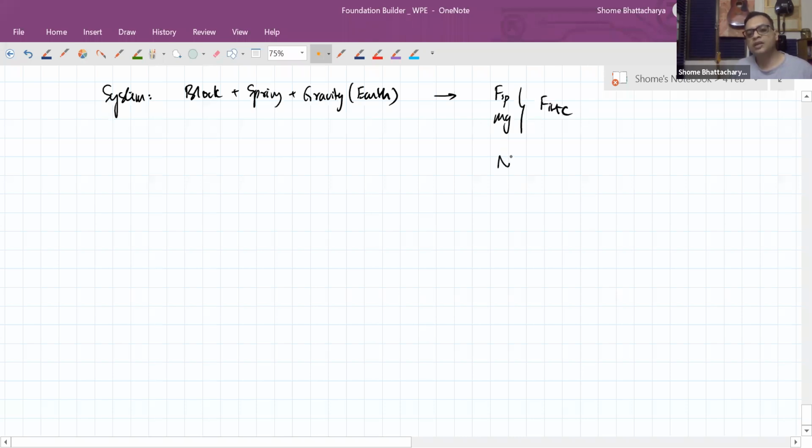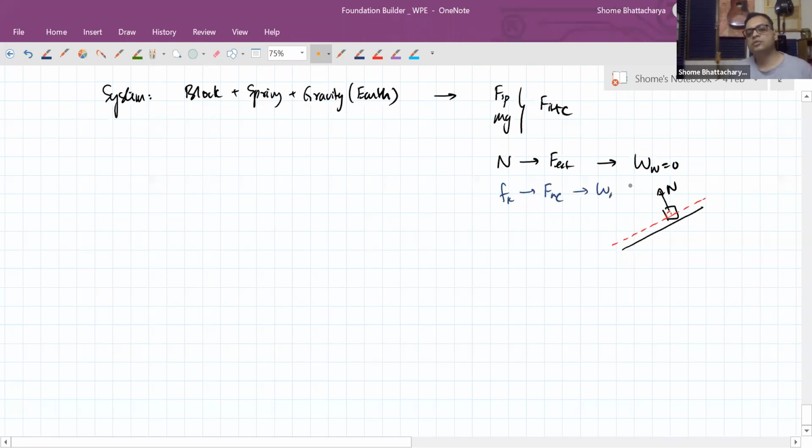Okay. The normal reaction is the external force, but the work done by normal reaction will be zero, because normal reaction acts on the block in this direction and the displacement is happening along this line. So they're perpendicular. Okay. So we don't have to worry about that. And friction, kinetic friction, is the non-conservative force.